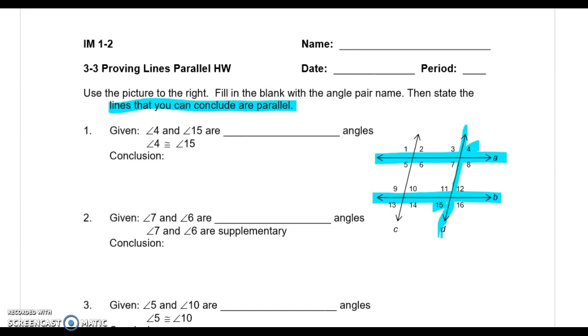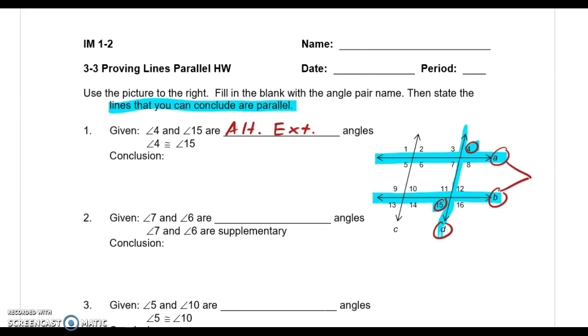So out of those three that are highlighted in blue, we need to determine which two are parallel. Out of these three, we can see that A and B are going to be my two parallel lines. So number 1 says 4 and 15 are alternate exterior angles.